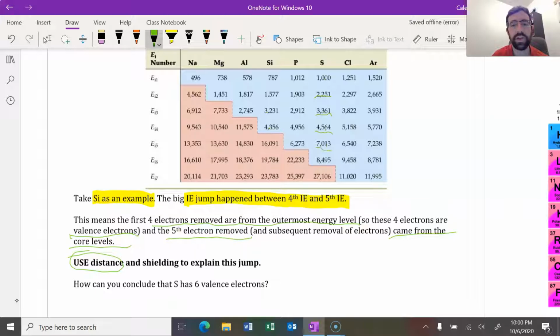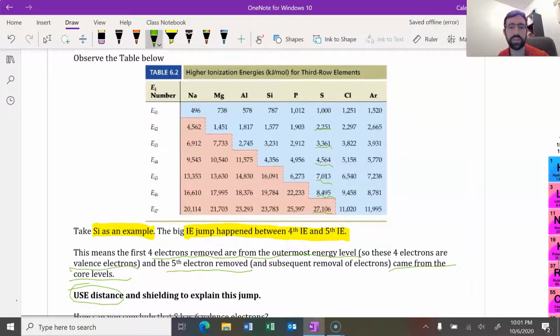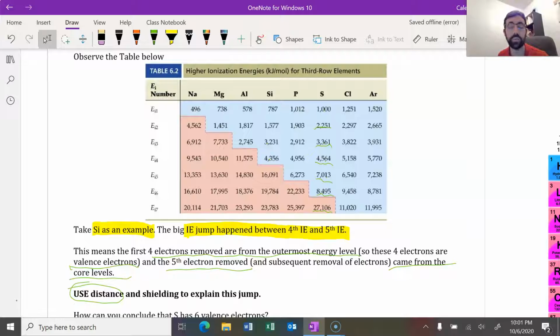Then about 3,000 more. Then it's about 1,000 more. Then it's nearly 20,000 more, about 19,000 more kilojoules, I believe, kilojoules per mole, to remove that 7th electron from sulfur.